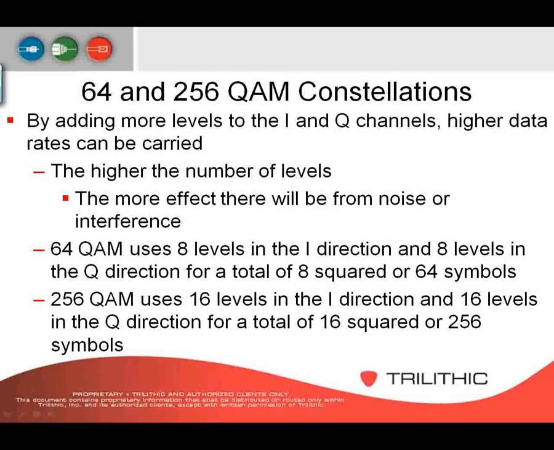Now, 64 QAM uses 8 levels in the I direction and 8 levels in the Q direction for a total of 8 squared, or 64 symbols. Now with 256 QAM, it uses 16 levels in the I direction and 16 levels in the Q direction for a total of 16 squared, or 256 symbols.